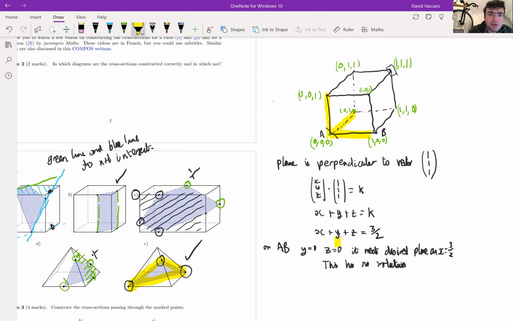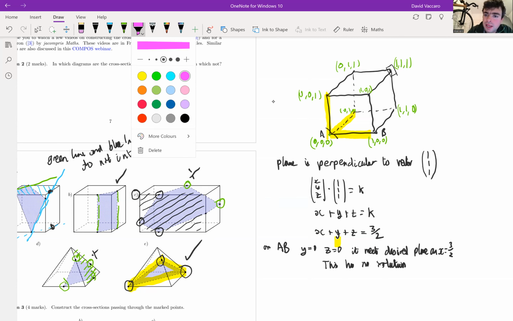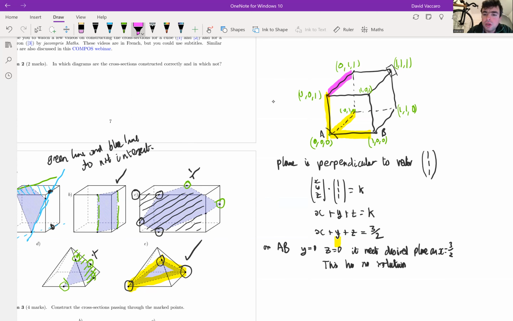Right, let's consider this top edge here. So on this top edge, we've got that y varies because we're going into the board. And we've got x equals 0 and z equals 1. And then, so to solve, x plus y plus z is equal to 3/2.